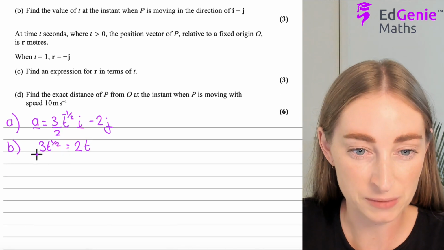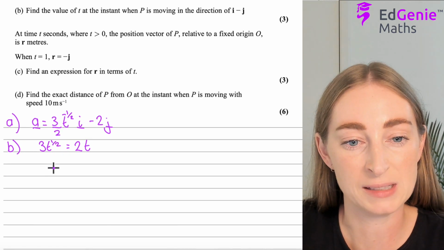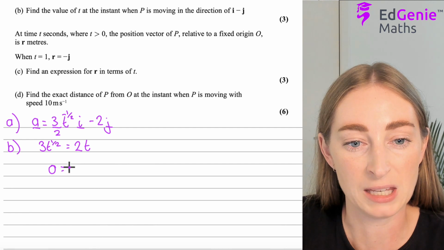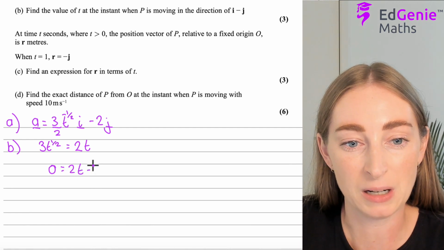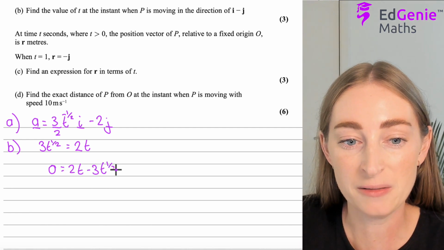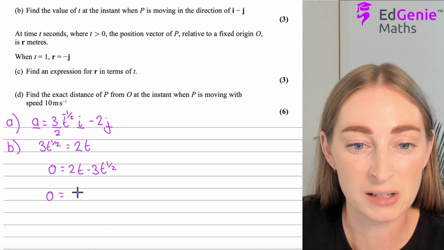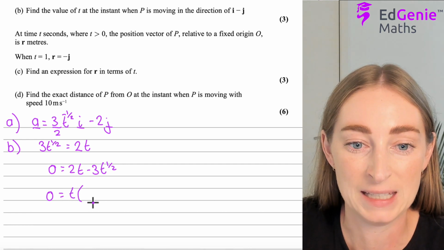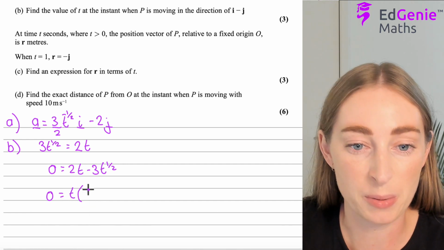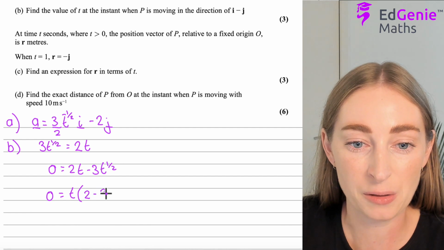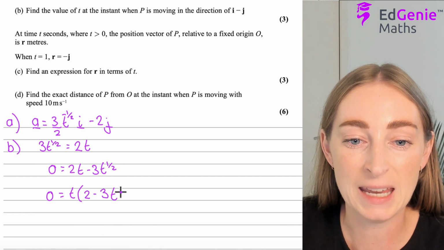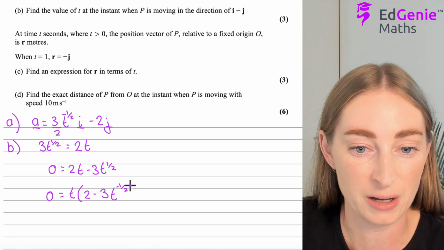So there's different ways of doing this. I'm going to put it equal to 0. So I'm going to put 0 equals 2t minus 3t to the power of a half. And then I'm going to factorise it by taking out a factor of t. So that's going to be 2 minus 3, and then it's going to be t to the power of negative a half.